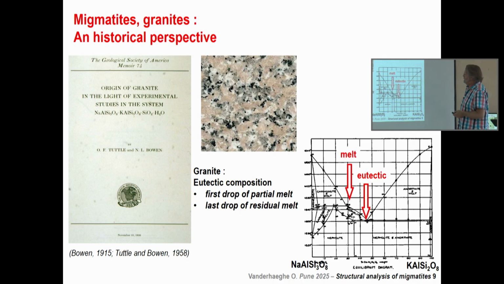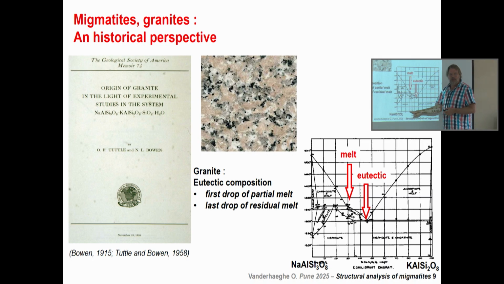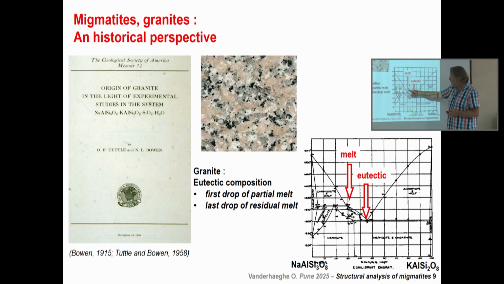And what this guy showed is if we take a composition of a melt that is here, when it's 100% crystallized, it will give this proportion of these two minerals. But the first crystals to be crystallized will be on this side. And the melt composition, as crystals crystallize, will evolve along this line.